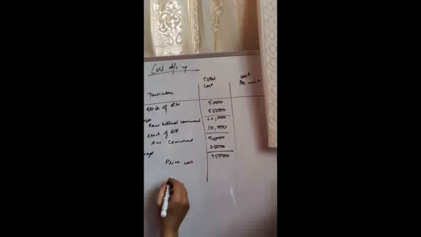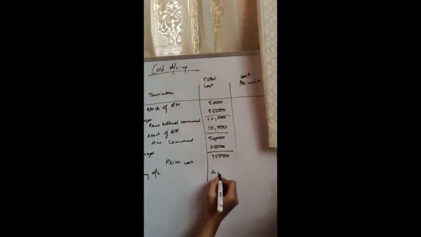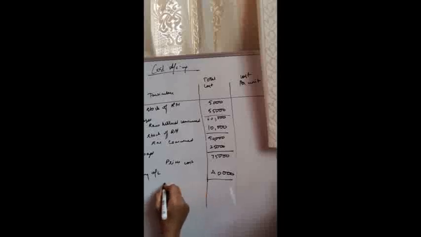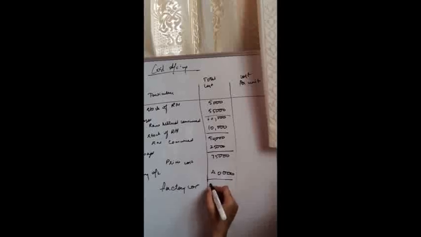After you get your prime cost, you need to add your factory overhead. That is, as mentioned, your factory overhead, that is 40,000. After adding the prime cost and your factory overhead, you will get your factory cost. That is 1,15,000.